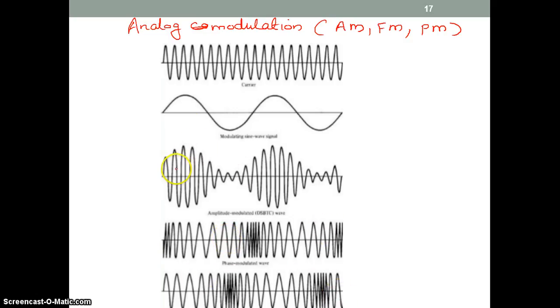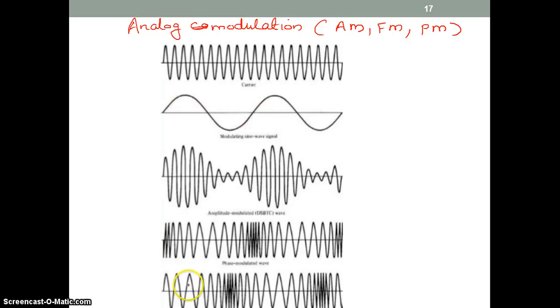Look here, you are changing the characteristics of the carrier. This carrier is of fixed frequency, fixed amplitude. When it comes to amplitude modulation, the frequency of the carrier is the same, but the amplitude of the carrier will change according to the instantaneous amplitude of the modulating signal.